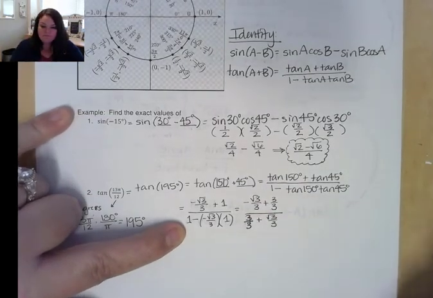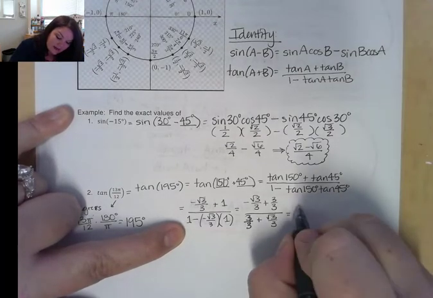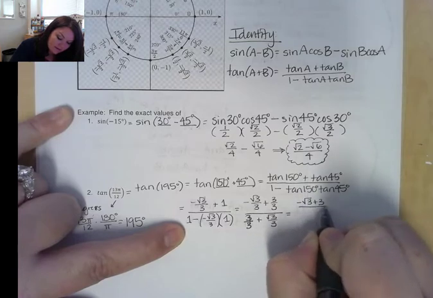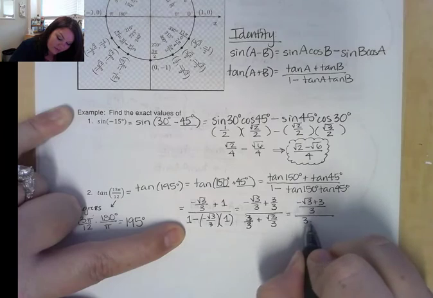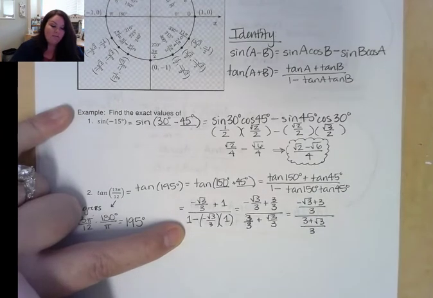Okay. All right. And now I can go ahead and simplify a little bit. So I end up with negative square root of 3 plus 3 all over 3 on top. And on bottom, I have 3 plus the square root of 3 over 3 on bottom.